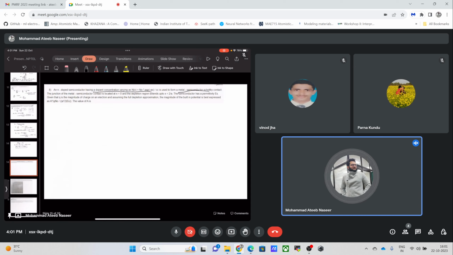The junction of the metal contact is located at x equal to 0 and the depletion region extends up to 2 by a, and the semiconductor has permittivity Es. Q is the magnitude of charge. Assuming the full depletion approximation, which is really important, the magnitude of the built-in potential can be expressed. So we need to find out the value of A in this problem.